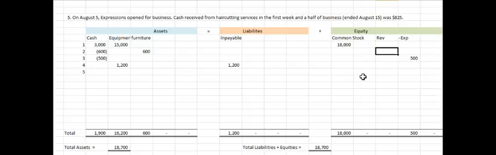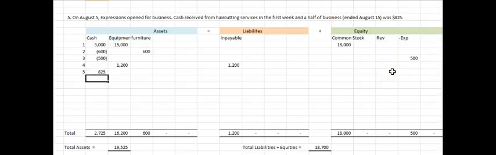Now that we know the two types, we can go ahead and analyze this transaction. So what are the accounts? Cash and revenue. Did cash increase or decrease? We received cash for cutting hair, so we're going to put 825 as a positive number right here. What about revenue? Did our revenues increase or decrease? We had nothing.